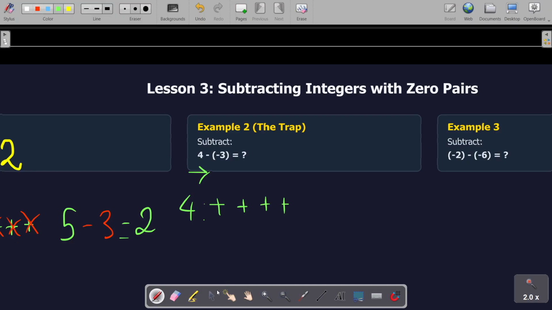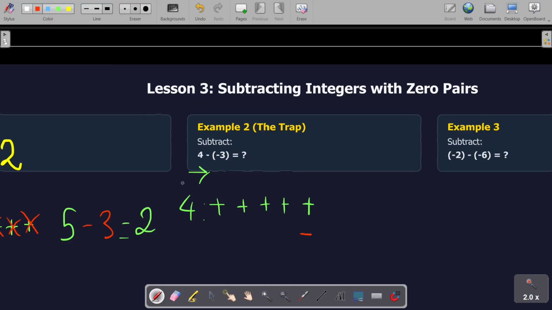Using this zero pair concept, we're going to add 3 zero pairs. Because they are worth nothing, adding them does not change the value. That's still 4. But now we have some negative counters in our collection.